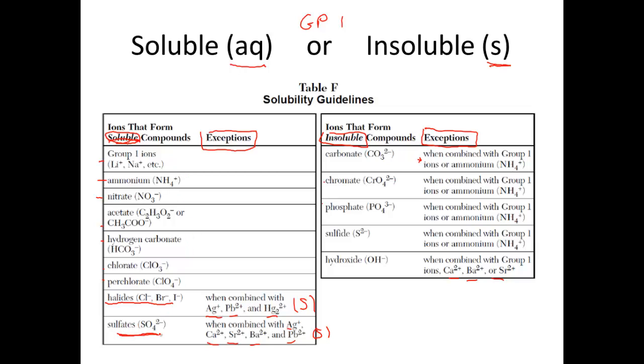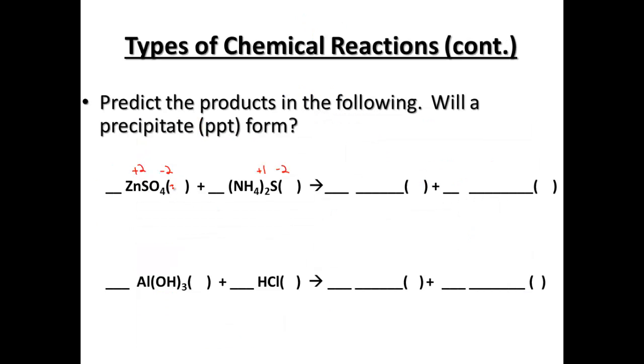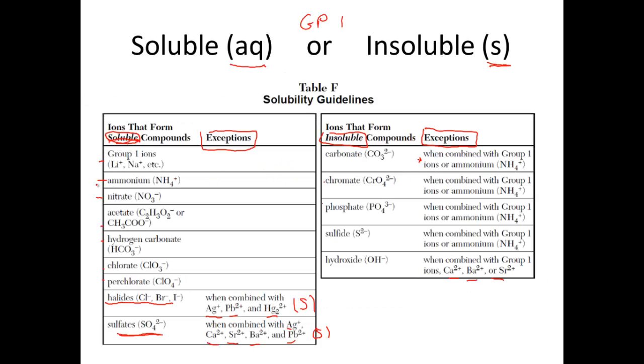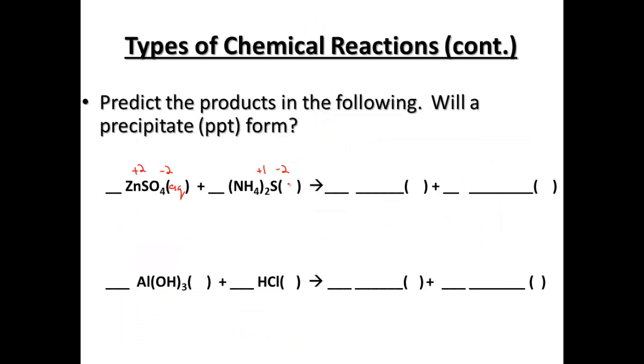Sulfates, all SO4s, are soluble except when combined with these elements. We don't have that one, so they are all soluble. And then NH4, all ammonium compounds are soluble. So using that chart, you can find out both of our reactants are aqueous to begin with.